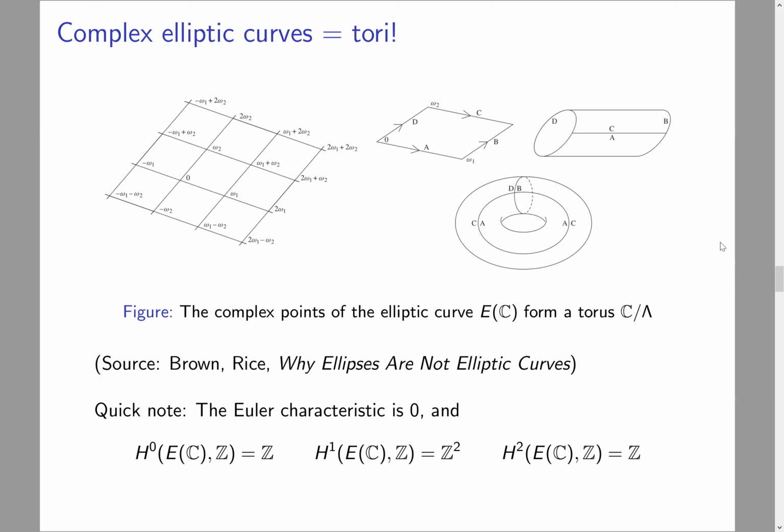So, Angus, to go back to Arun's question, this equality is happening in the topological category. So you're saying that the topological space underlying the complex points of an elliptic curve is a torus. Yes.